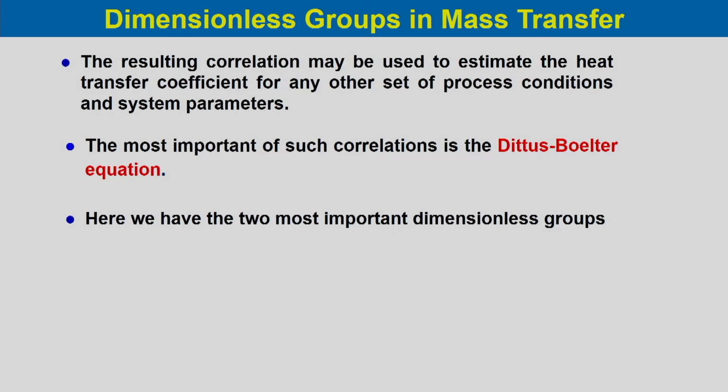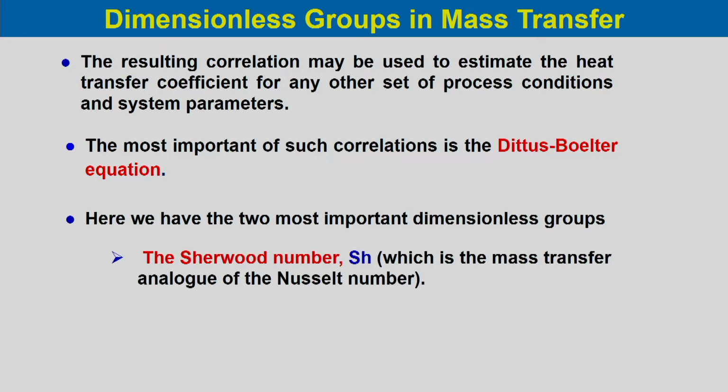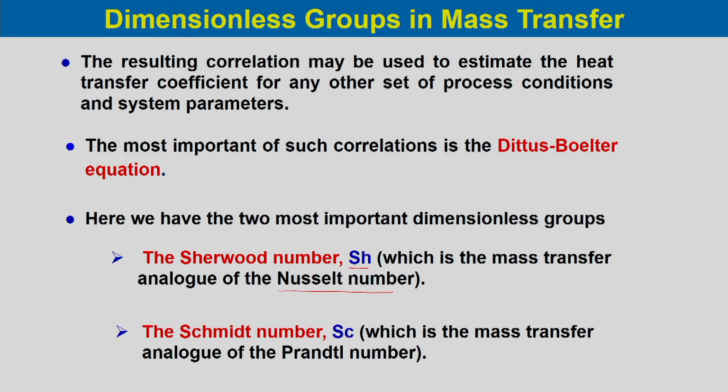Here we have two most important dimensionless groups in case of mass transfer, similar to the heat transfer. One of them is the Sherwood number, which is the mass transfer analog of the Nusselt number. Another important dimensionless group in mass transfer is the Schmidt number.